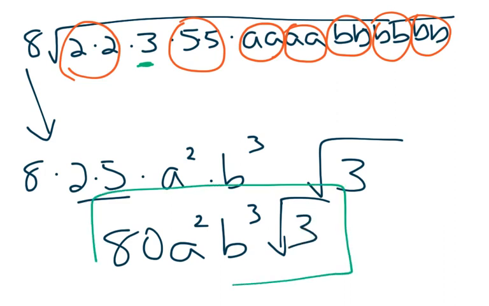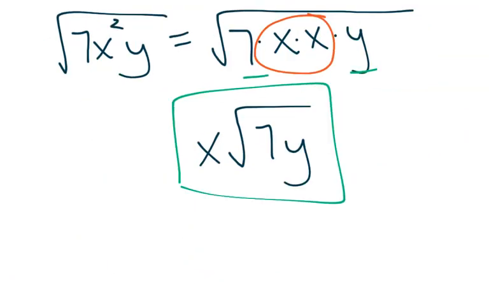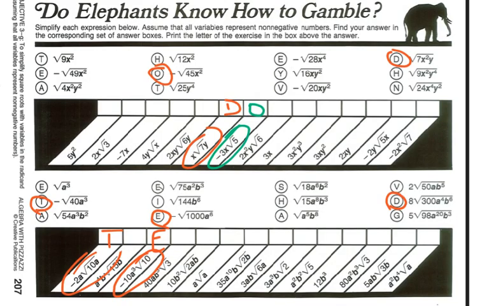Final answer. It seems hard, but again, if you're good at your multiplication facts, it becomes very easy, especially if you were good at factor trees. If you remember back in, I don't know what grade it was, probably 6th, factor trees, they're really helpful now. So 80 a squared b to the 3rd square root of 3, and that's D.